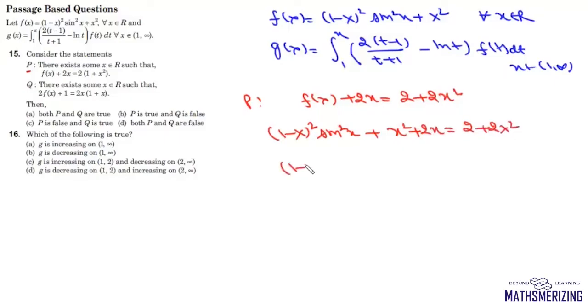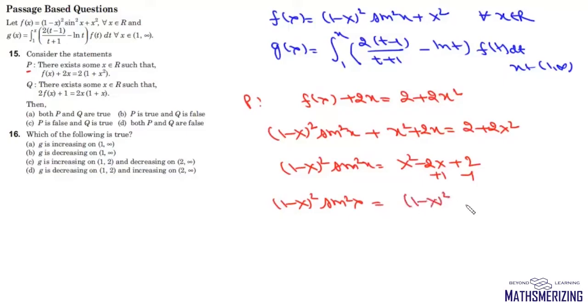So we can write this as (1 − x)² sin²x, and it will be x² − 2x + 2. We'll add 1 and subtract 1. We can write (1 − x)² sin²x, and it will be (1 − x)² + 1.